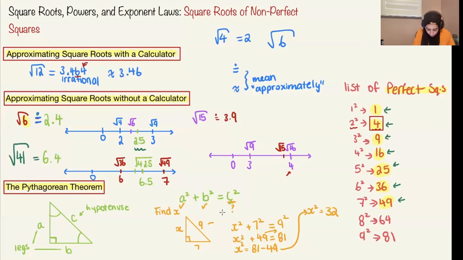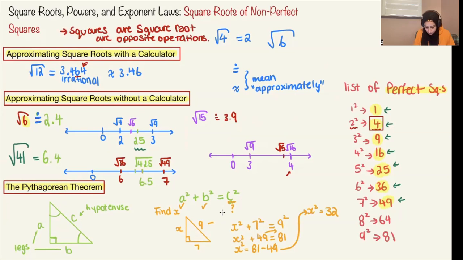Let's write that rule down. Squares and square roots are opposite operations. Okay.